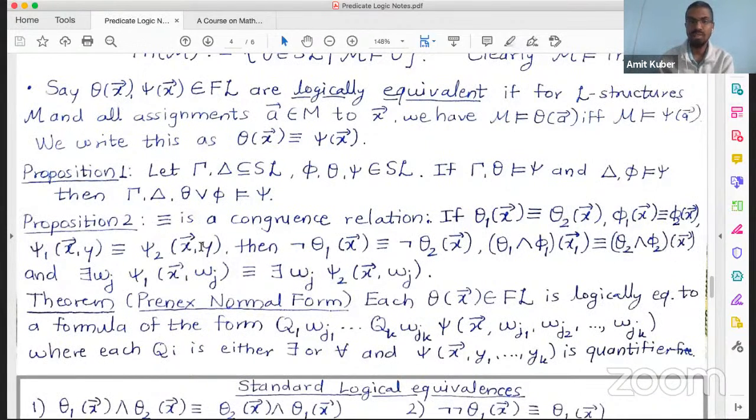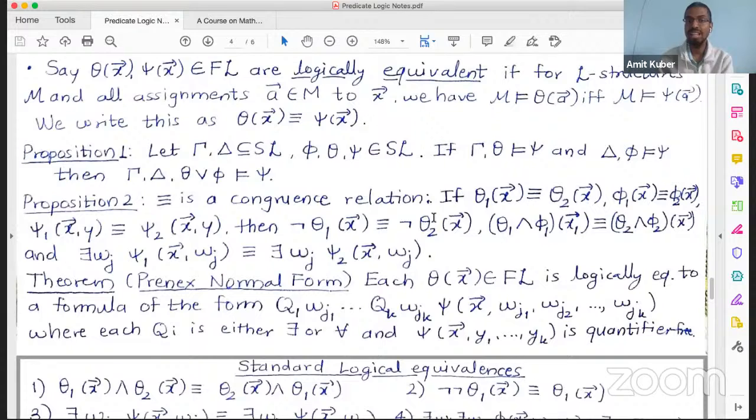The only thing we need to add is that if psi 1 x bar y is logically equivalent to psi 2 x bar y, then replacing y by the bound variable wj and putting the existential quantifier, those two formulas are also logically equivalent. This is what we mean by saying the equivalence relation is compatible with our connectives and quantifiers.